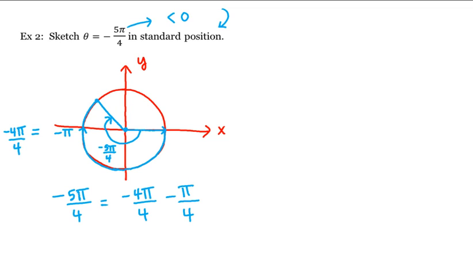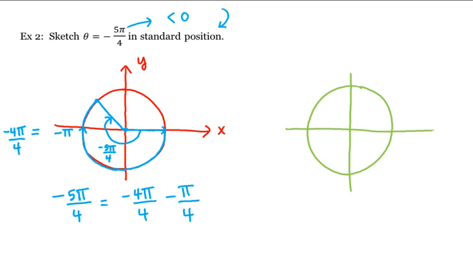Or another way to think of it is to count off multiples of negative pi over 4. So this is 1 times negative pi over 4. This is 2 times negative pi over 4. This is 3 times negative pi over 4.